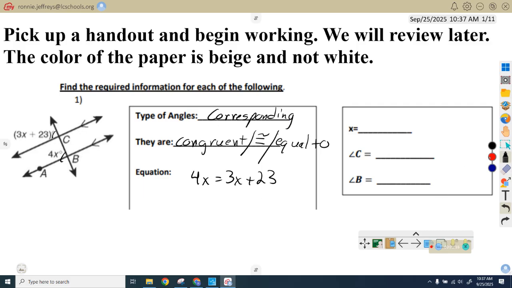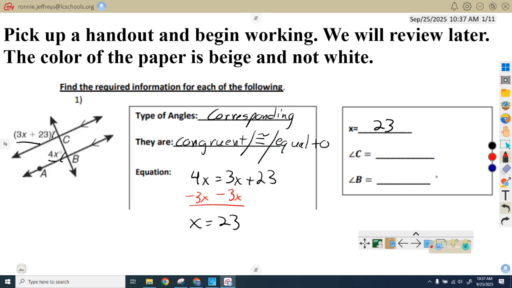Alright, so we would subtract 3x from both sides. Now, x is 23. Both of these are the same, so it doesn't matter which one we use. We could use the 3x plus 23 or the 4x.